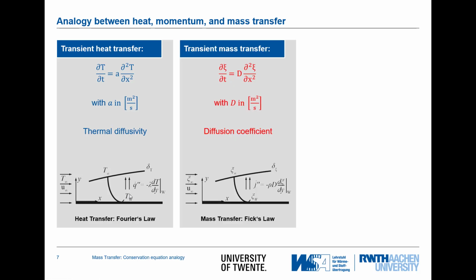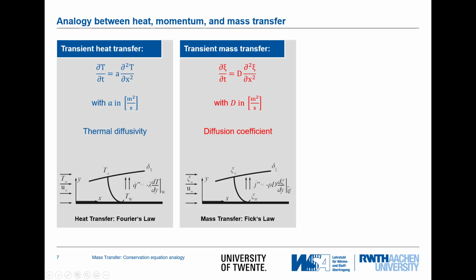In transient mass transfer, it looks very similar because we have a change in the mass concentration divided by the time is equal to the mass diffusion coefficient times the second derivative of the mass concentration with respect to the spatial coordinate x. Here, the diffusion coefficient D is also in the same unit as the thermal diffusivity.